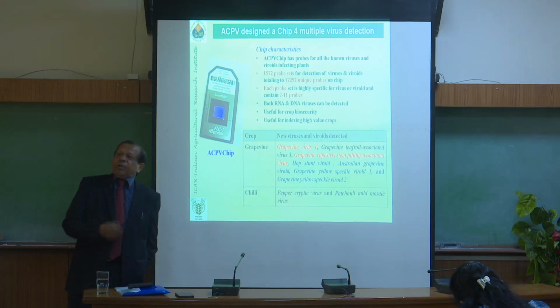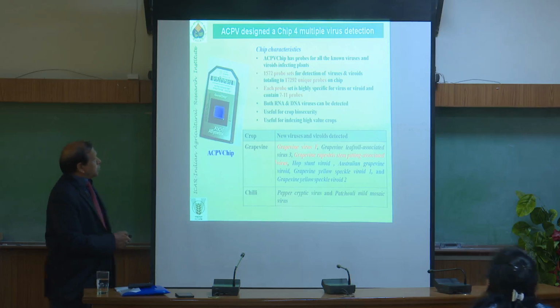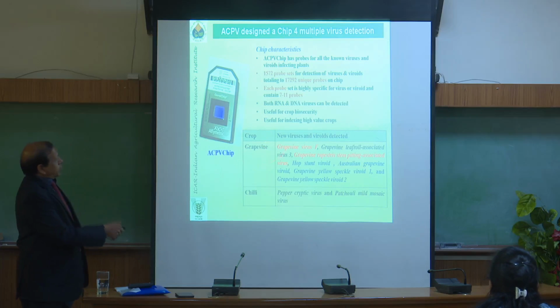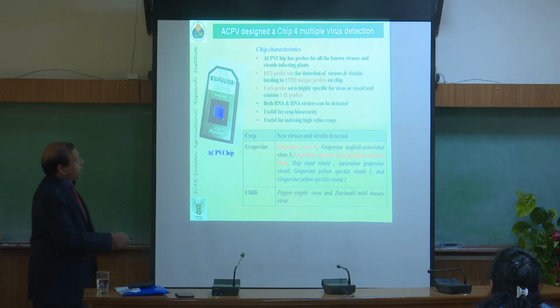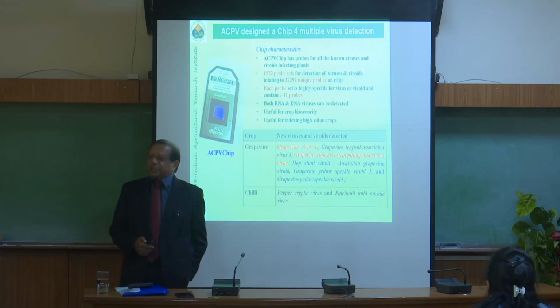So, you need not do independent reactions, just by using one chip you are able to detect them. Likewise, when this chip was used for grape, and when it was used for chili, we were able to diagnose certain newer viruses or viroids actually.